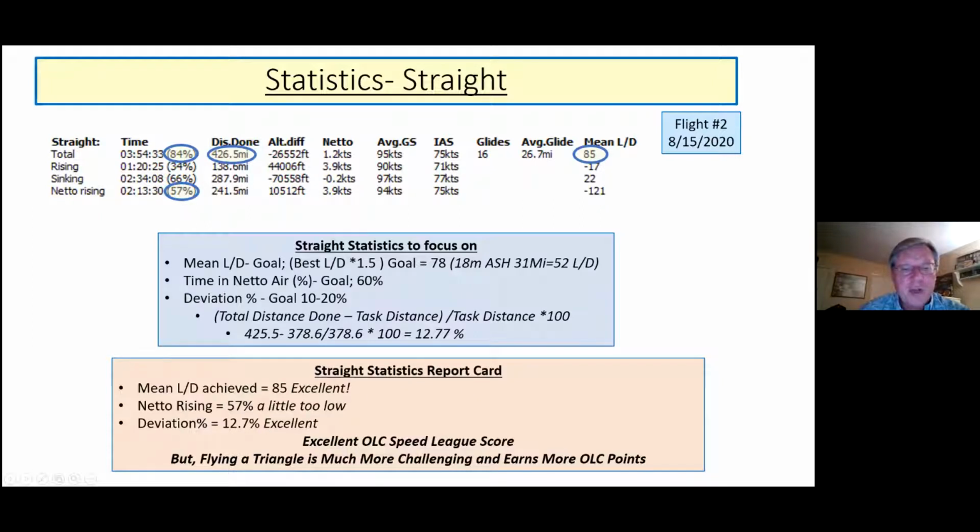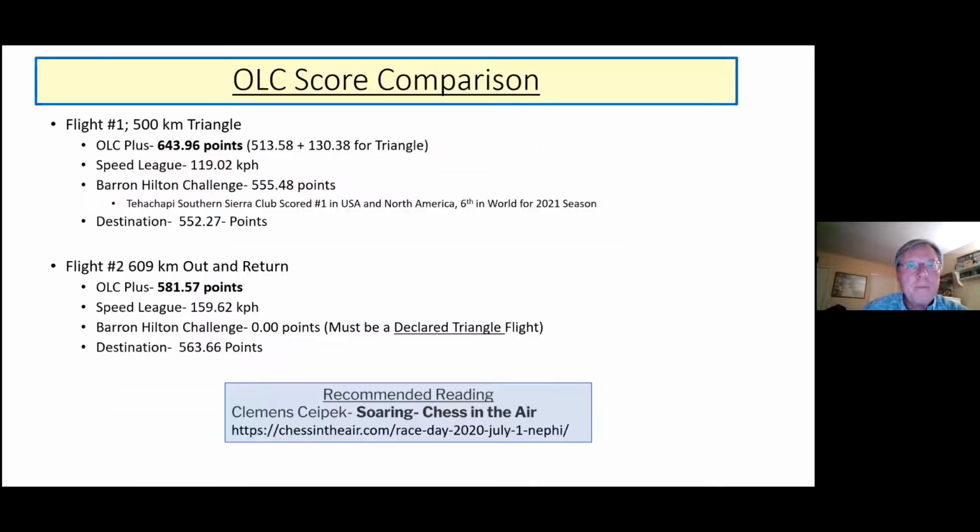But as you'll see, flying a triangle is much more challenging. So I actually earned more points flying that triangle, much lower speed, and in reality, much worse flying than this particular flight. So when I compare the two, I got 643 points for the triangle. And a lot of that was because of the triangle bonus points.